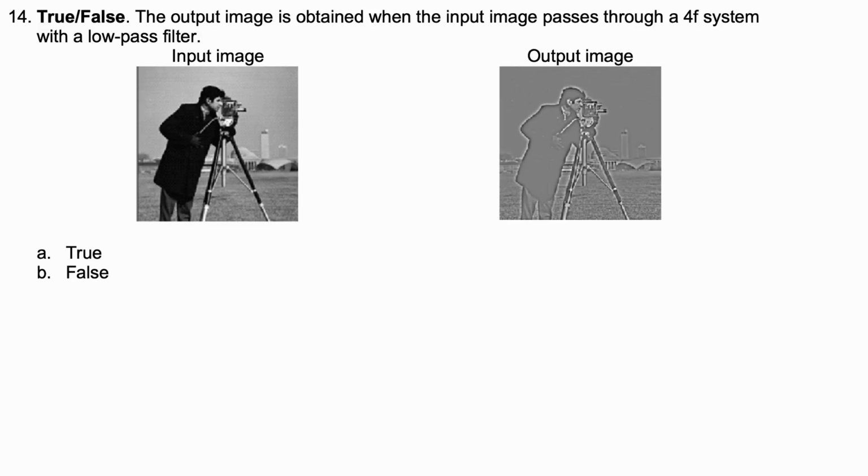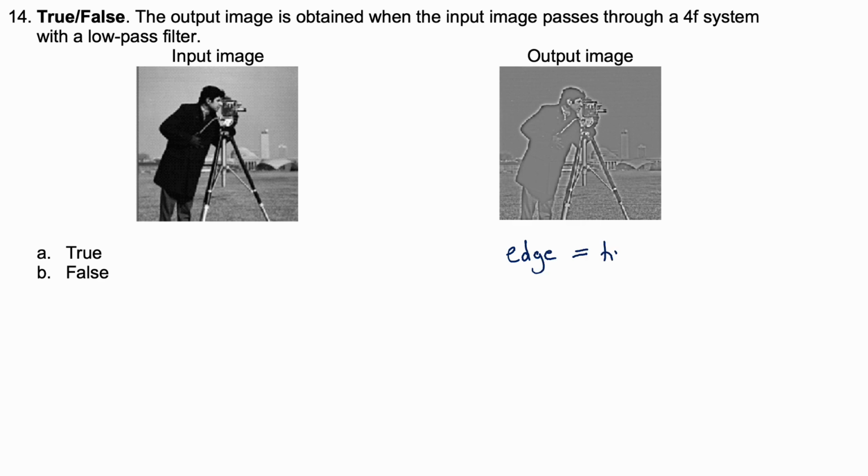Finally, the last problem is again another true and false. So they give us the input and output of a system. The system, we don't know anything about the system, right? But we know that the output, what is clearly seen from the output are the edges.